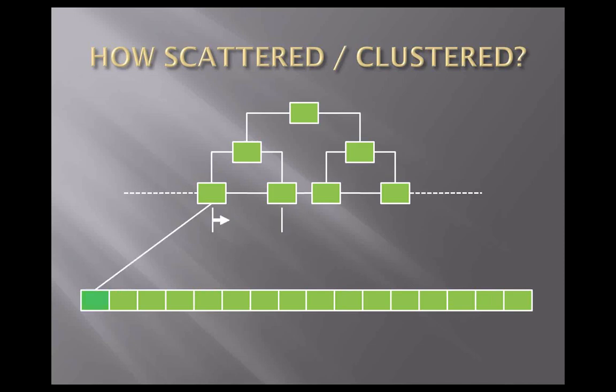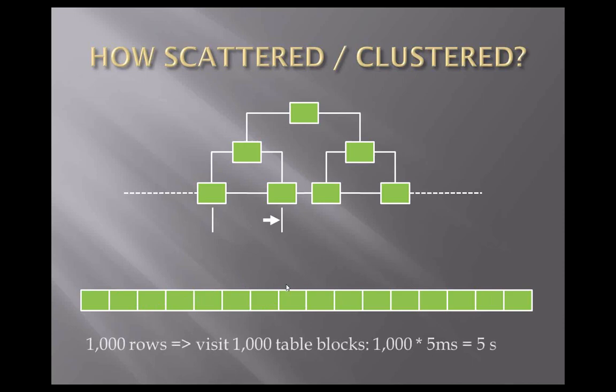And in this example here, you see that I have to jump basically for every row to another block. For instance, in the worst case, if I have identified 1,000 rows in my index, I have potentially to visit 1,000 different table blocks.